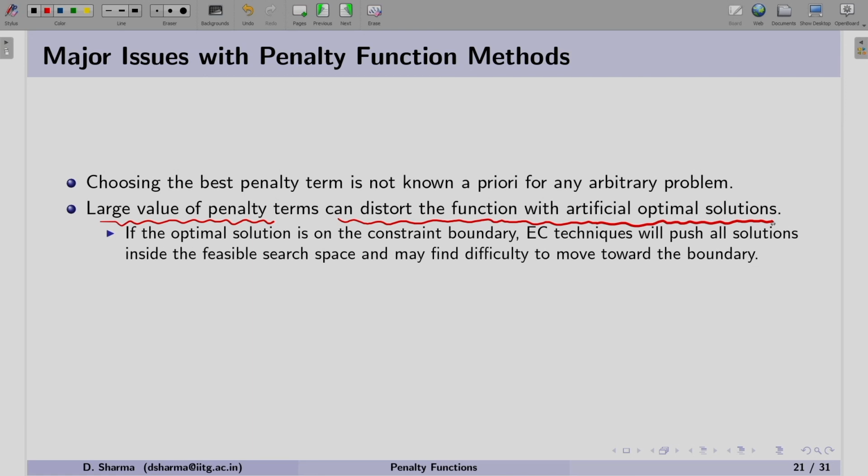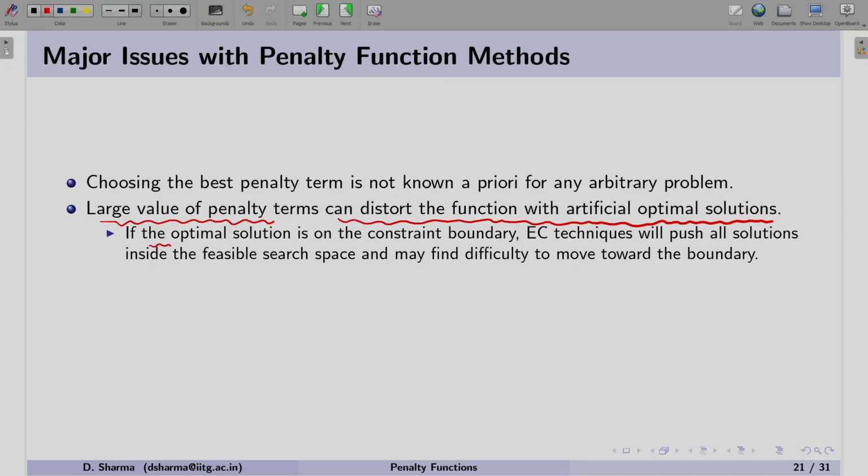Those functions will be distorted, and if we have more constraints, the distortion can reach a level where it generates some artificial optimum solution. If the optimum solution is on the constraint boundary, then the EC technique will push all the solutions inside the feasible search space and may find it difficult to move towards the boundary. So this is the case.